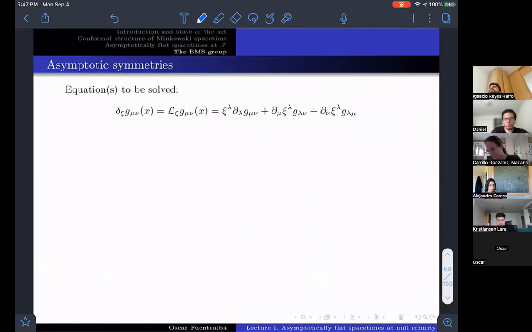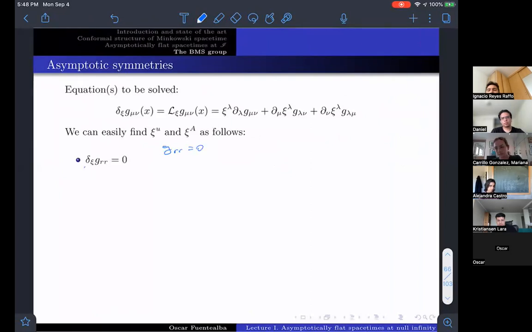So here we have to compute a bit. I will try to go fast, but the key equation to be solved is this equation here, where we have to introduce the fall-off of the fields. But what we can solve very easily are the time component of the generator of the asymptotic symmetry, and also the angular component. For that, we use the gauge condition that g_rr is equal to 0.